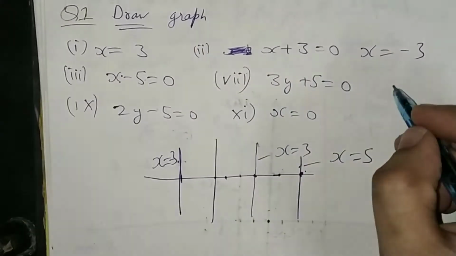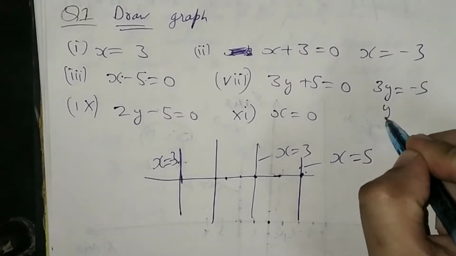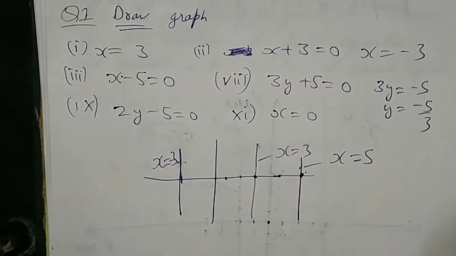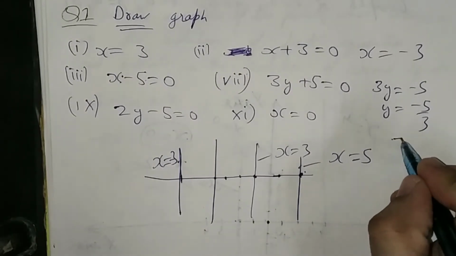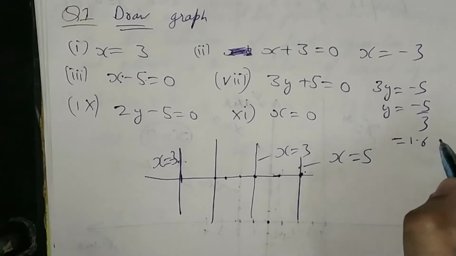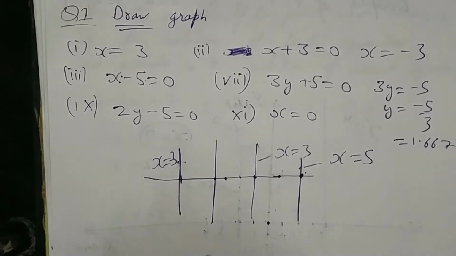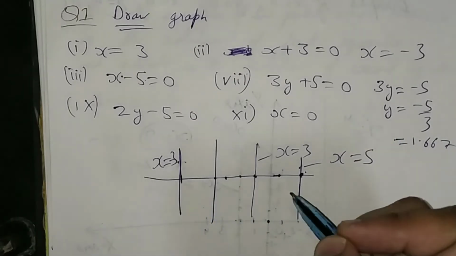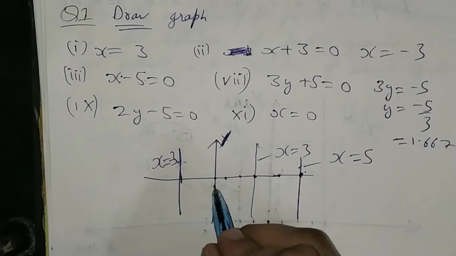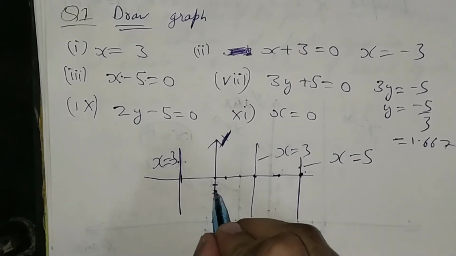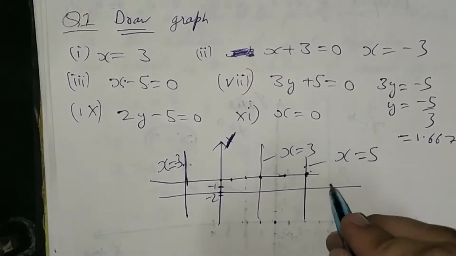Just solve this equation. 3y is equal to minus 5, y is equal to minus 5 by 3, which is equal to minus 1.666 or 1.67. So if this is your y-axis, minus 1, minus 2, somewhere here. Just draw a line here.